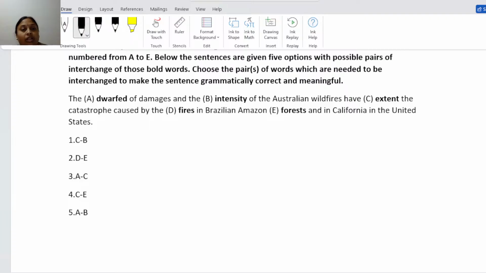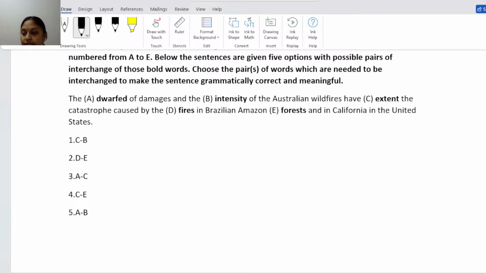So here, the extent of damages and the intensity of the Australian wildfires had extended to the catastrophe caused by the fires in the Brazilian Amazon forests and in California in the United States.